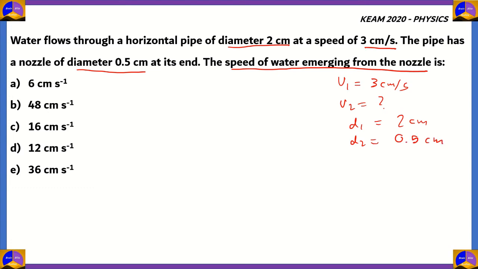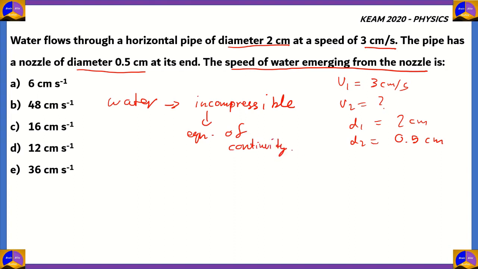Now, what is the fluid flowing through these pipes? It's water. Fluids in general, and water in particular, are incompressible. So the mass flowing through the pipe has to remain the same, and since the fluid is incompressible, the equation of continuity holds.